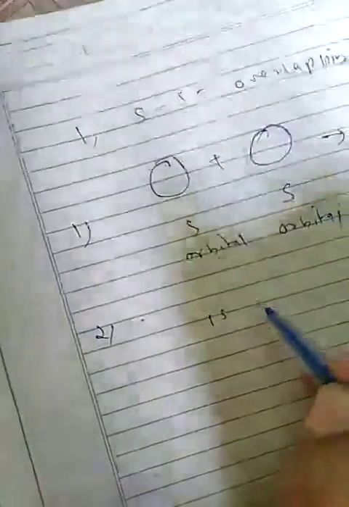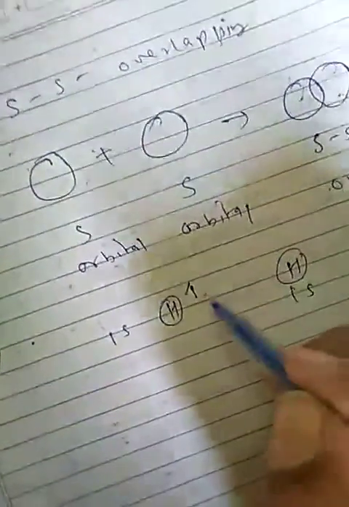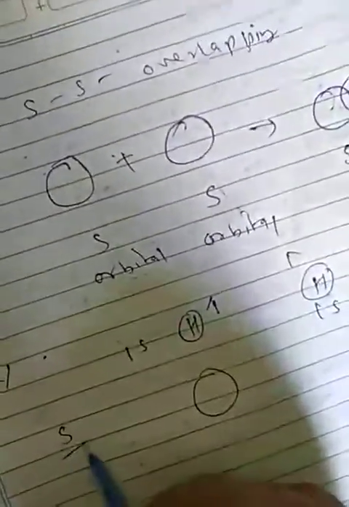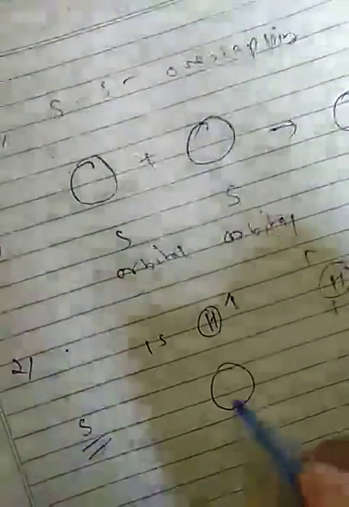Second, in this case there is an overlap of two half-filled orbitals. If hydrogen has 1s with one electron, and another hydrogen has 1s with one electron, the s orbital needs two electrons for filling.